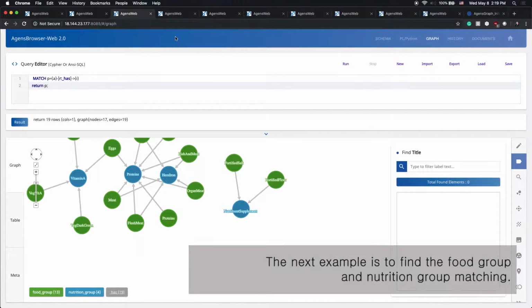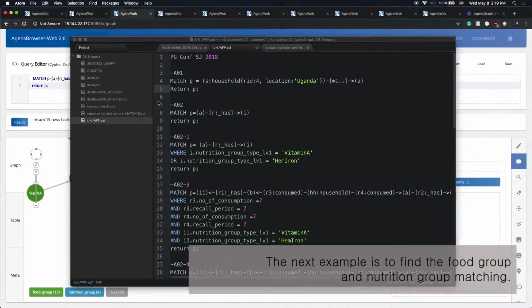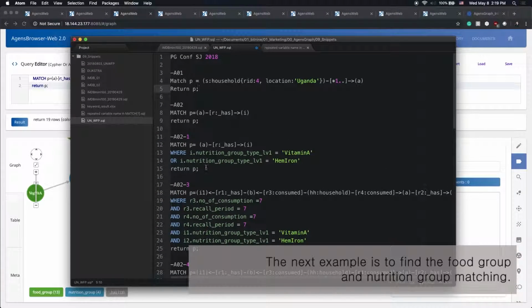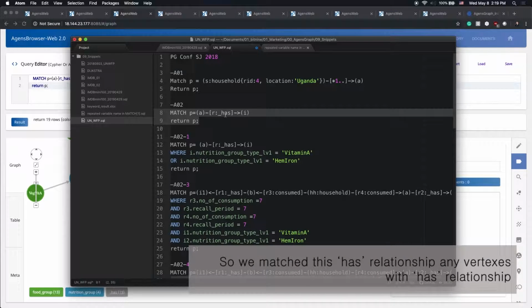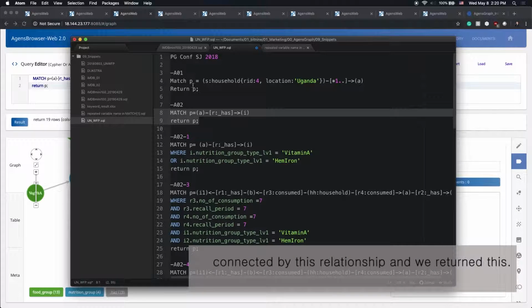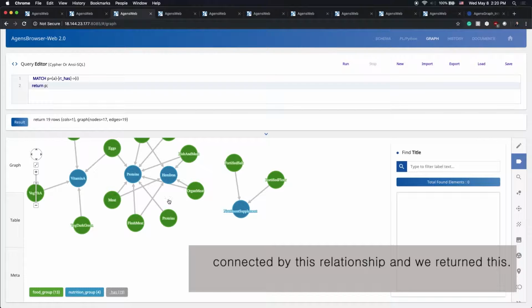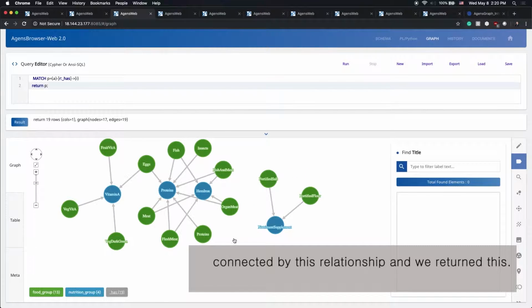The next example is to find the food group and nutrition group matching. So we matched any vertices connected by this has relationship, and we return this.